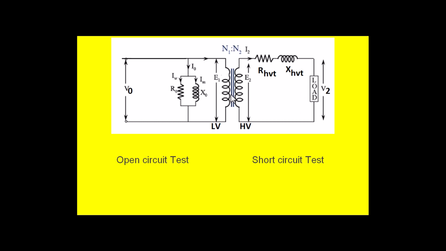And if you observe here, the number of turns on the primary, N1, is less, whereas the secondary side is the HV winding and the number of turns is more. So the number of turns we call N2, and the current that flows here we call I2 or Isc.